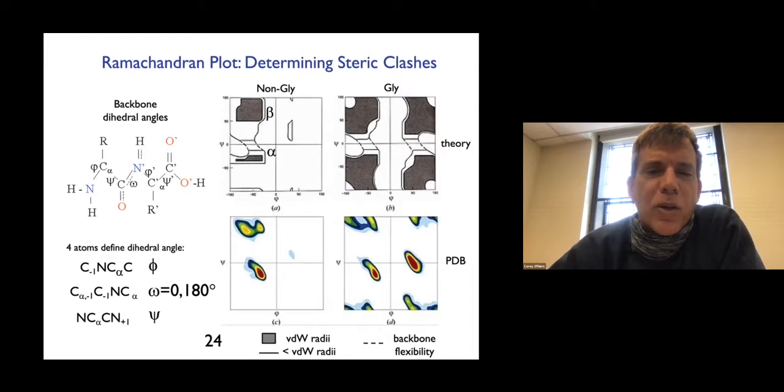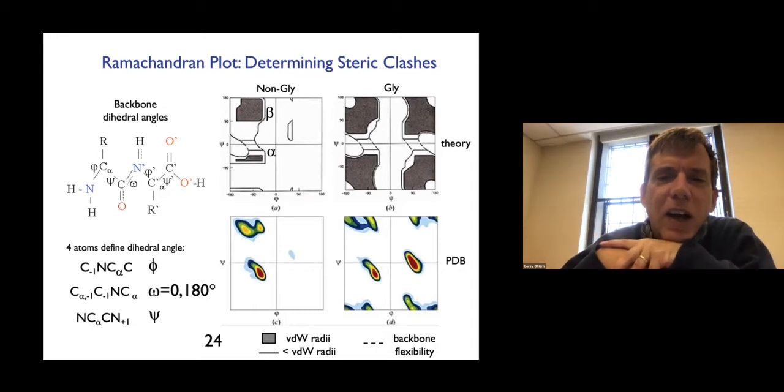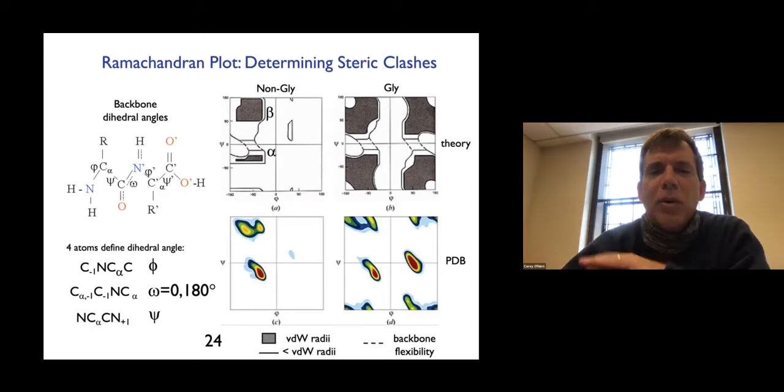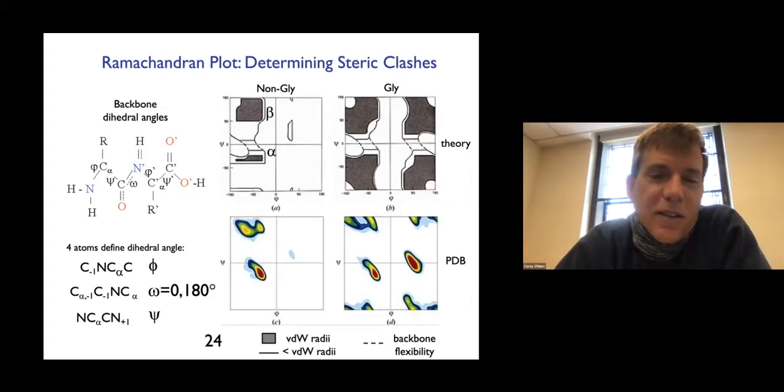And then what I'm going to do is imagine physically rotating that dipeptide so it has particular values of phi and psi. So for example, in the plot, you can see that there's a phi. You can ask, well, I have a phi of -90 and a psi of -90.